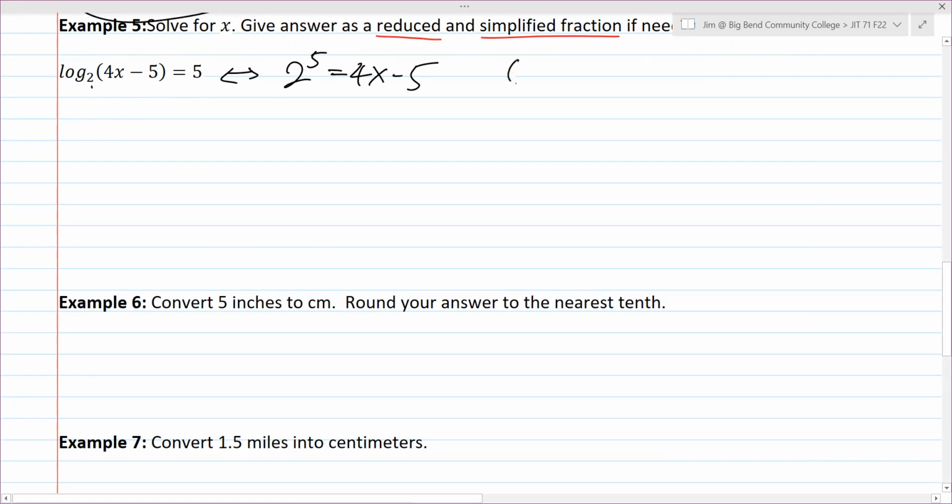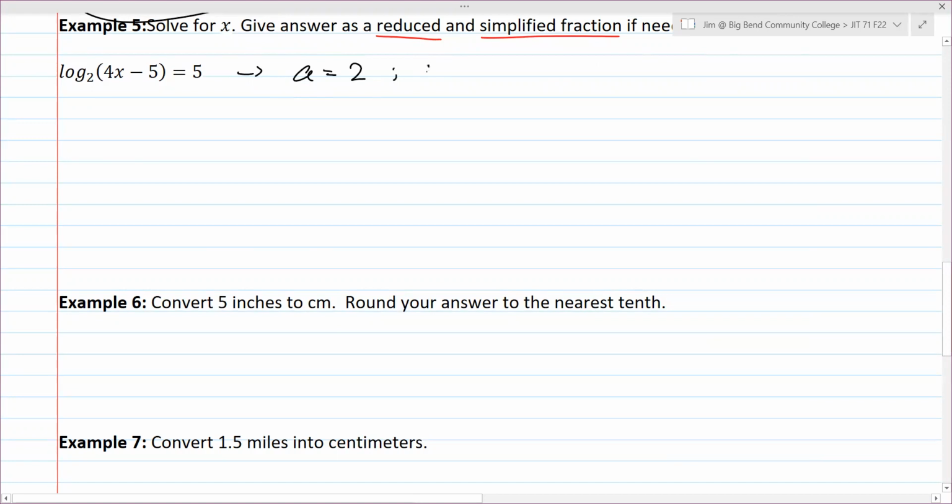Why? Because a equals 2. Let me actually do it the other way around so that I can show you a good example. When you see a log equation, we can tell that the base a equals 2.